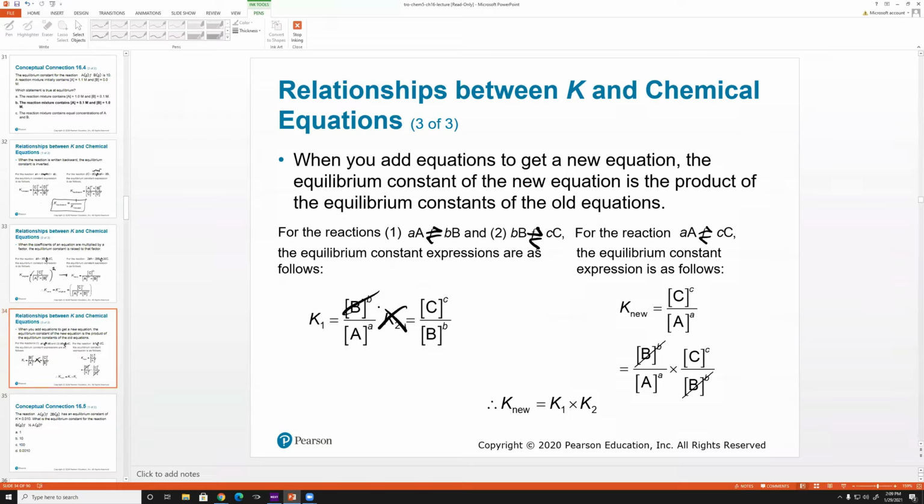Multiply these together, the B's to the b cancel out, and you end up with C to the c over A to the a. So K new, meaning the overall equilibrium constant, equals the first constant times the second one.